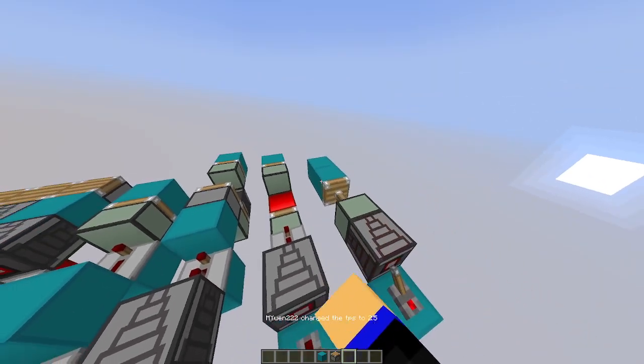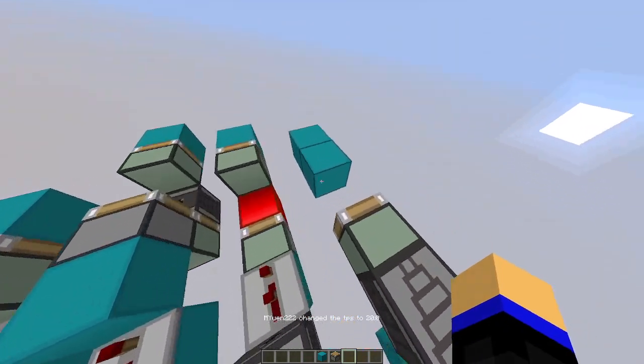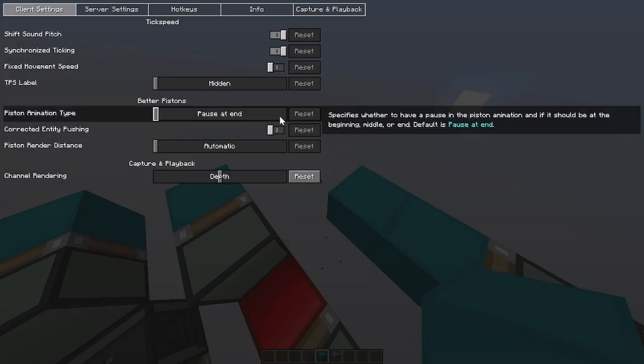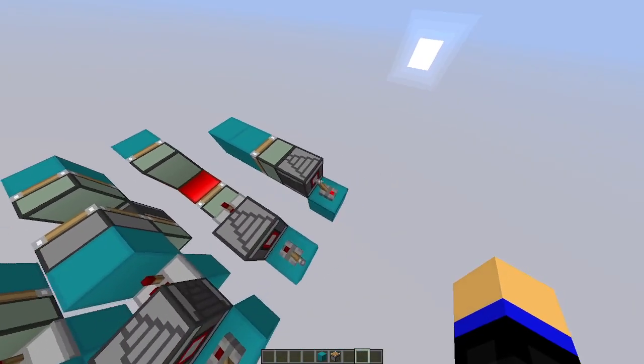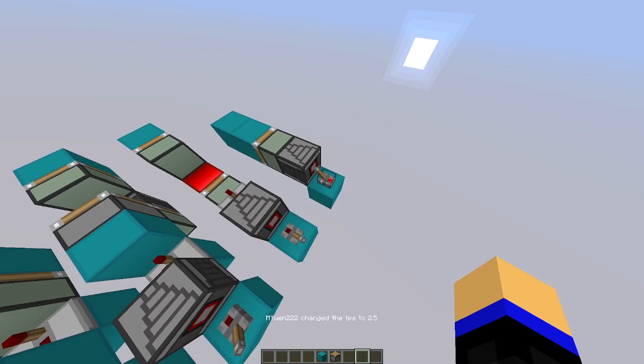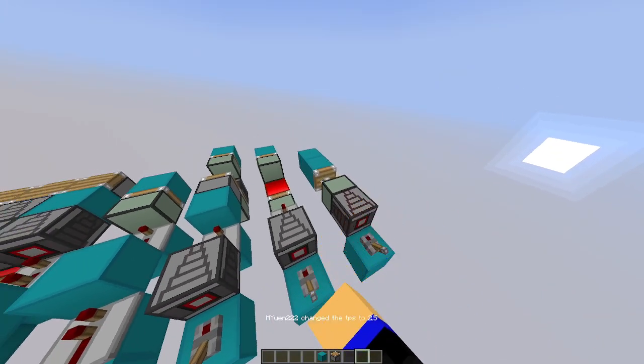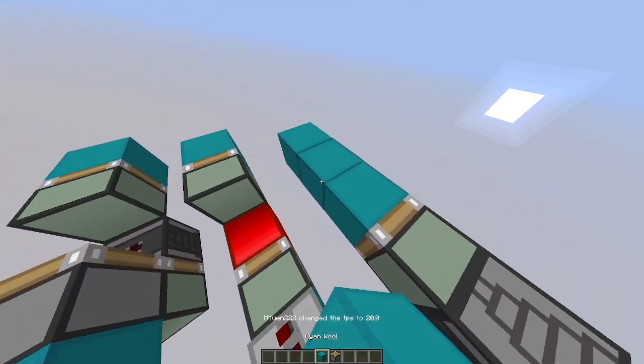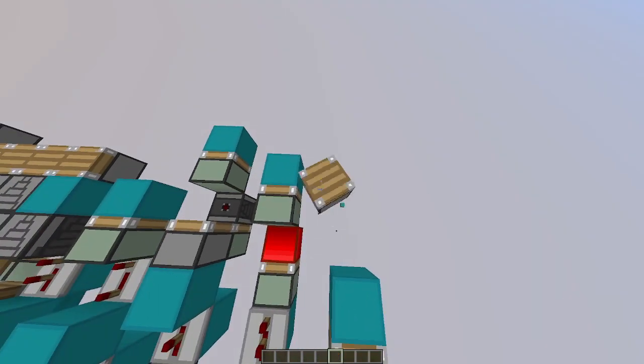So you can see there isn't any difference actually. But then if you use the no pulse, then you see there's a slight difference. You can see the front block is extended slightly slower. So that is the purpose of the game speed mode.